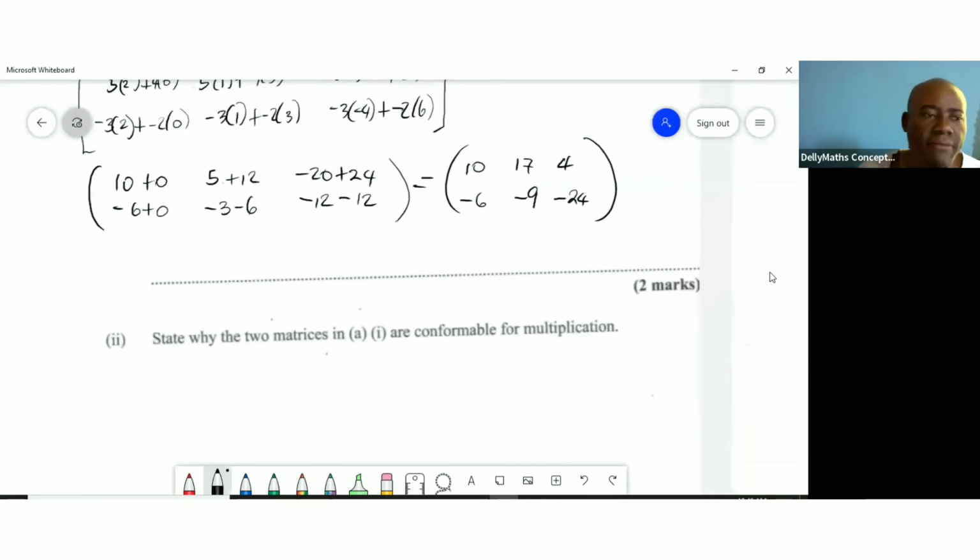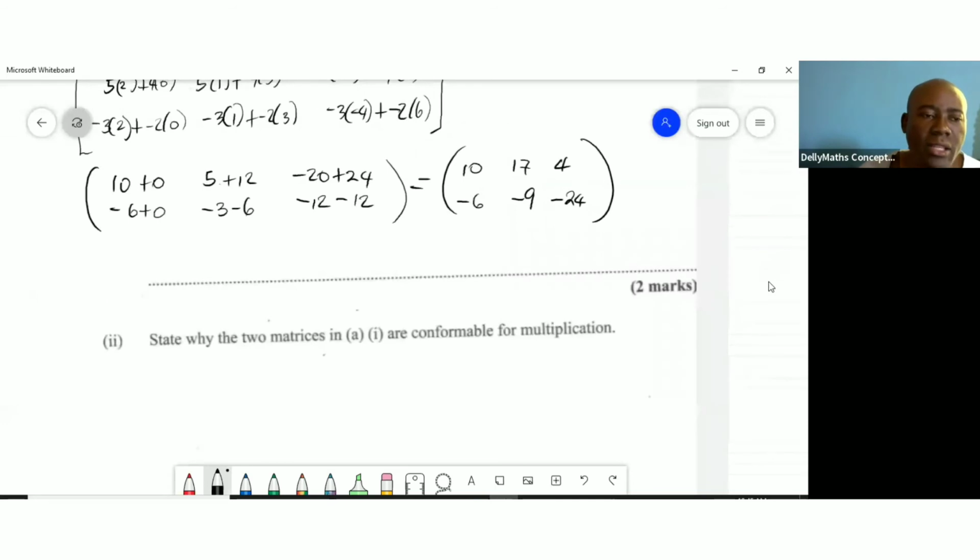The question that follows says, state why the two matrices in A and I, which is above, are conformable by multiplication. All right, we had a 2 by 2 matrix and we had a 2 by 3 matrix.